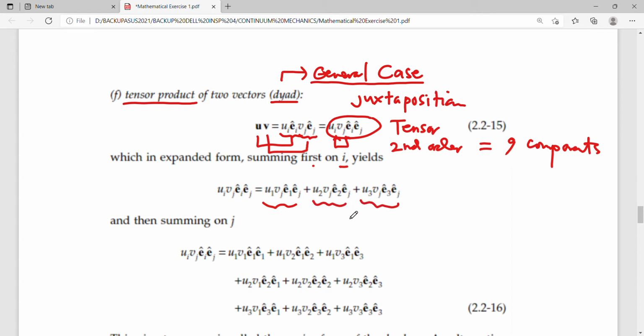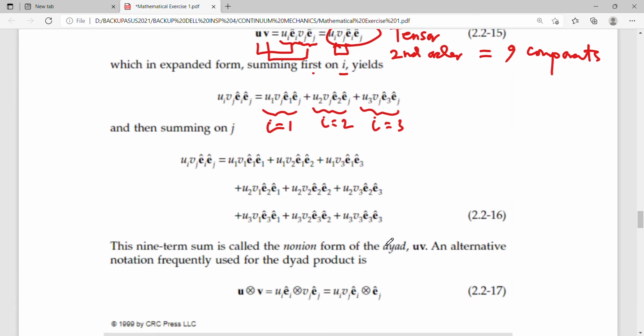So this is i equals 1, i equals 2, and i equals 3. And in this particular expansion, we are now dealing with each and every expression here upon which the j range will now be iterated.